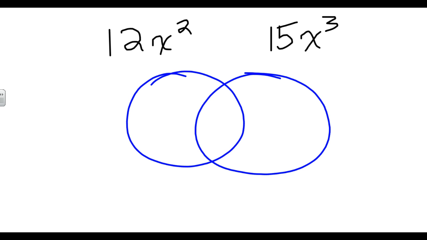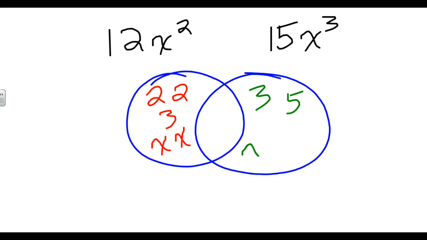So let's go back up to this example here, and we're going to find the GCF and the LCM of these two expressions, which is exactly what it is when we talk about it with numbers. So 12 is 2 times 2 times 3, and then we have two x's. 15 is 3 times 5, and we have 3 x's. So our goal now is to find everything that these two monomials have in common and put it in the center.